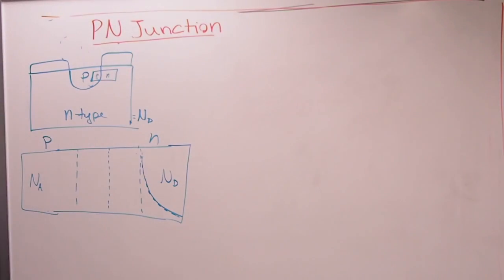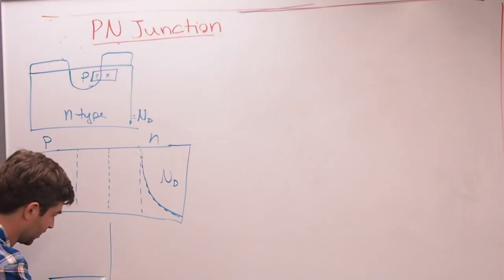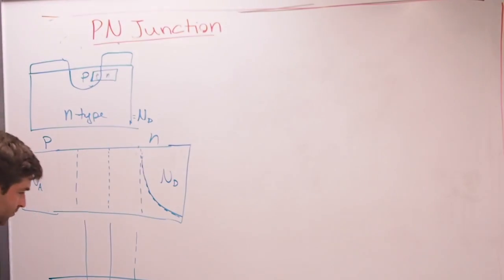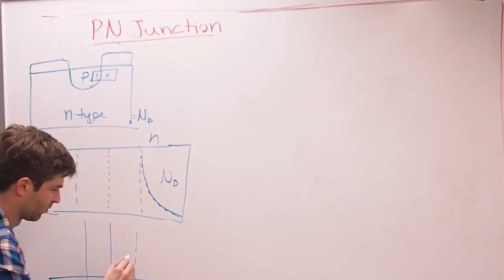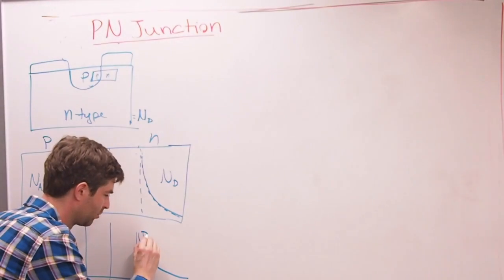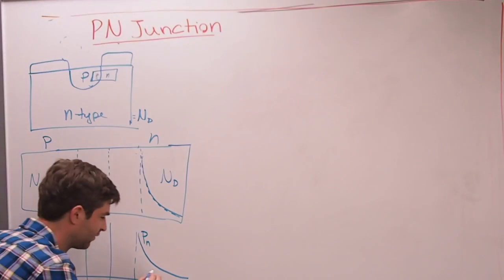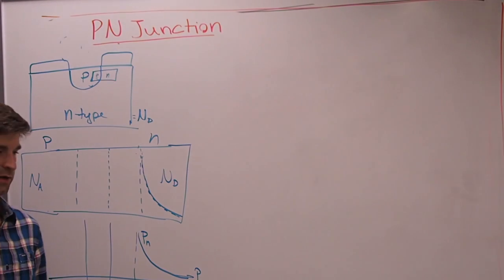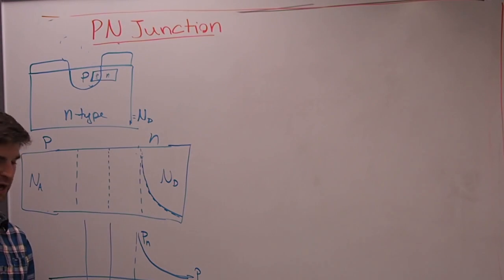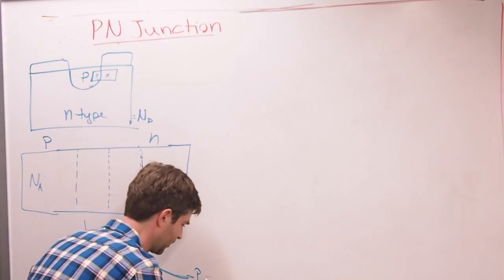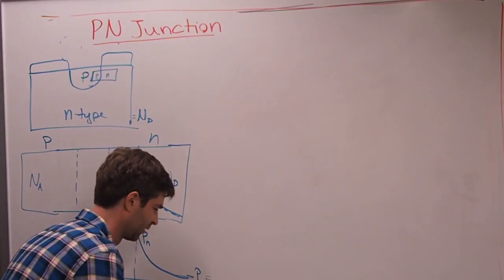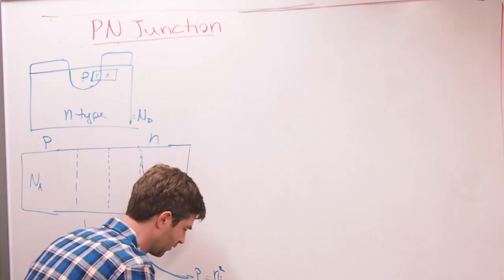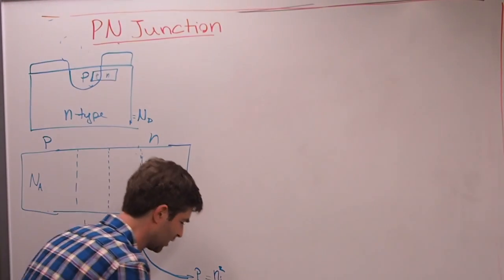And another way to look at this is like this. This is just a rough sketch. These are your holes. Minority carrier holes, we'll call this p_n because it's in the N region, and they diffuse all the way to p_n0. And what is p_n0? Well, from the law of mass action, which assumes non-degenerately doped semiconductor at equilibrium, p_n0 is simply ni squared over Nd, our doping.